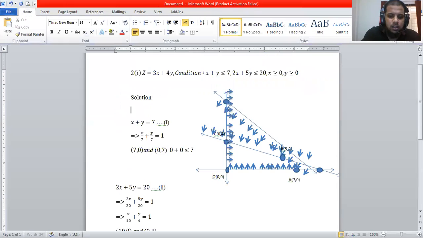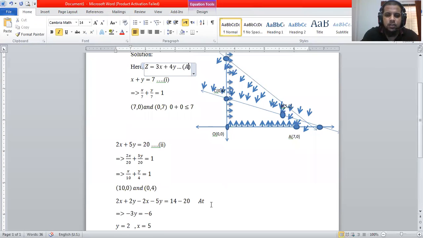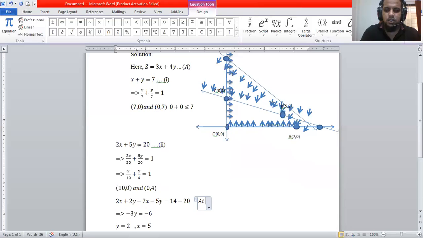Here we have to find the max of z equal to 3x plus 4y. At 0 0, z will be 3x plus 4y, that means 3 into 0 plus 4 into 0. That means it will be 0.